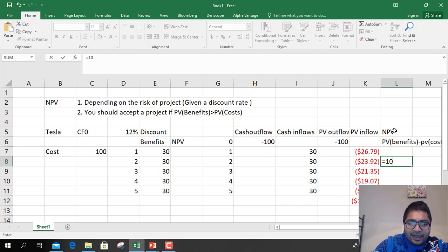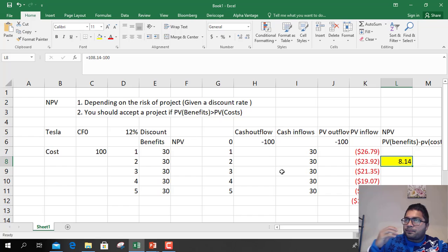It is 108.14. We calculated that, which is the present value of inflows. Adding all of them up, minus present value of cost 100. So what is NPV? NPV is 8 million. So the present value of total benefit from this project is $8 million.